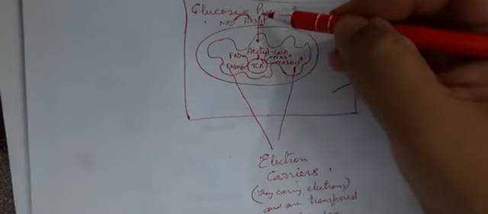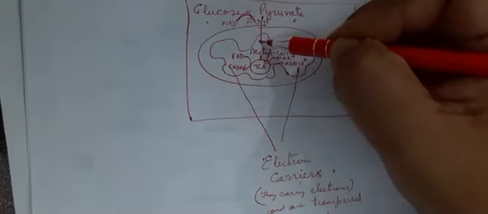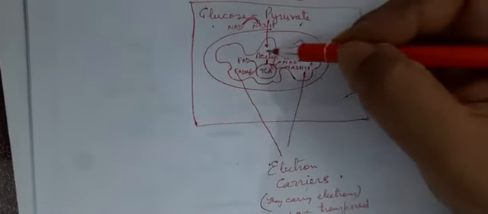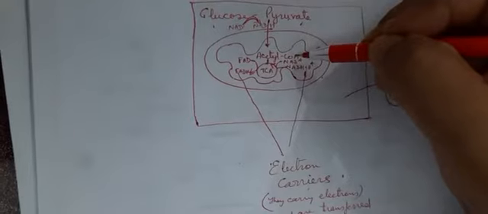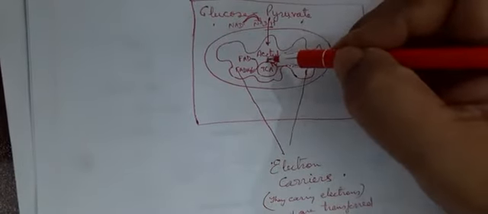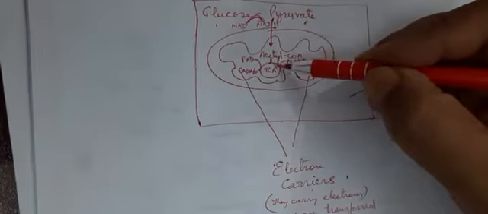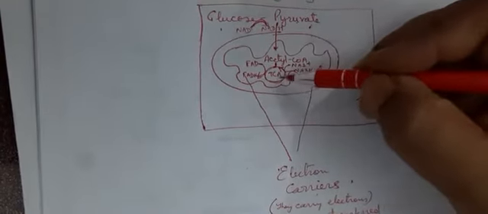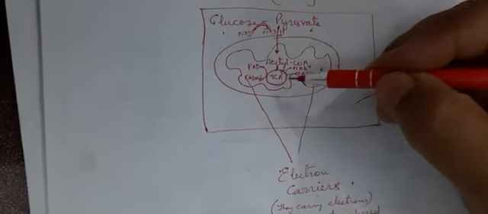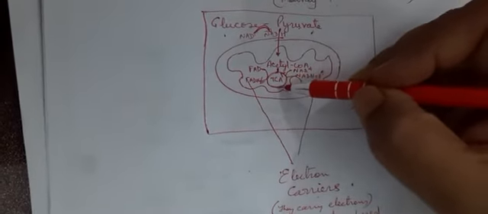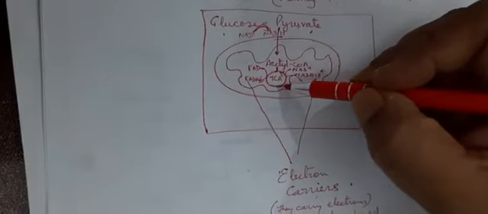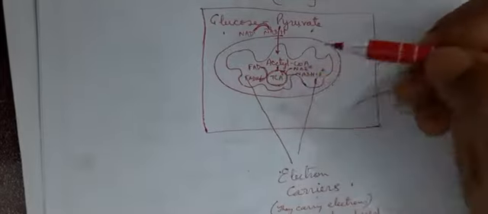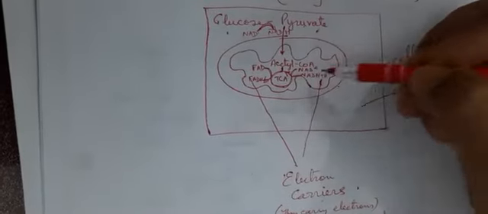Then this pyruvate enters into the mitochondria and gets converted into acetyl coenzyme A. Then this acetyl coenzyme A enters into the Krebs cycle, or we can say TCA cycle, that is the tricarboxylic acid cycle, and through this cycle we get the hydrogen donors, that is FADH2 and NADH2.